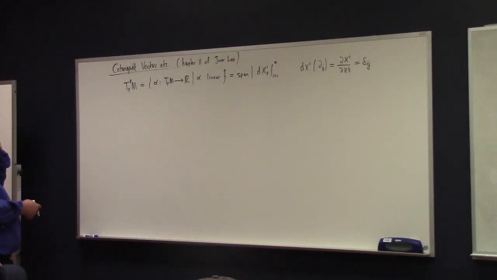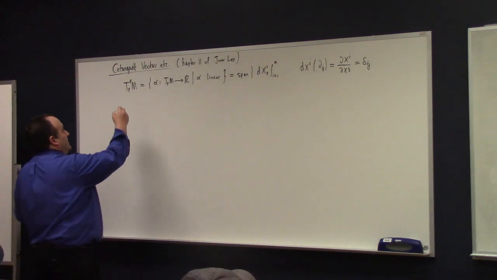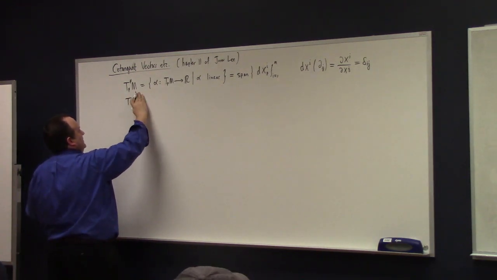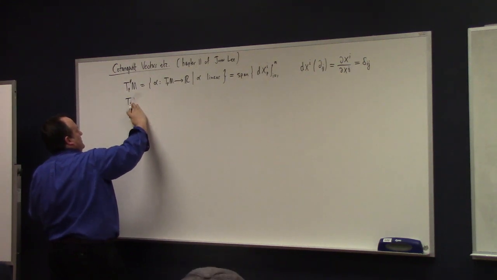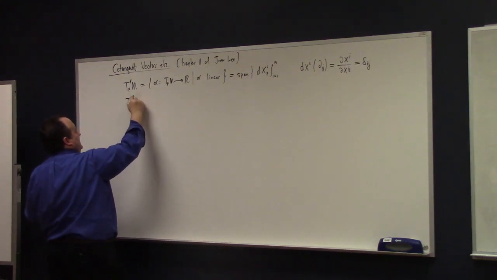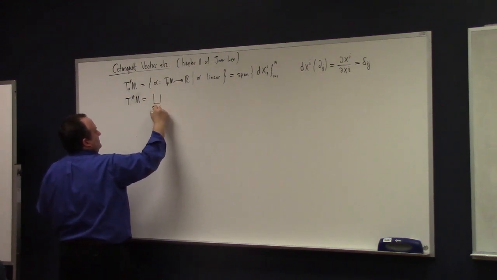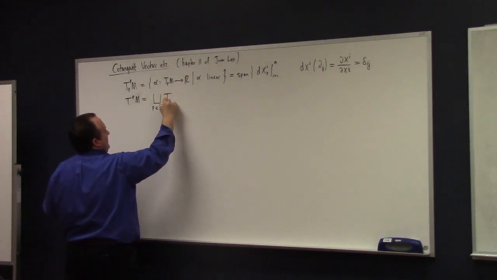And then we also talked about the cotangent bundle, which was, I forget the notation, maybe it was this: the disjoint union of the cotangent spaces.